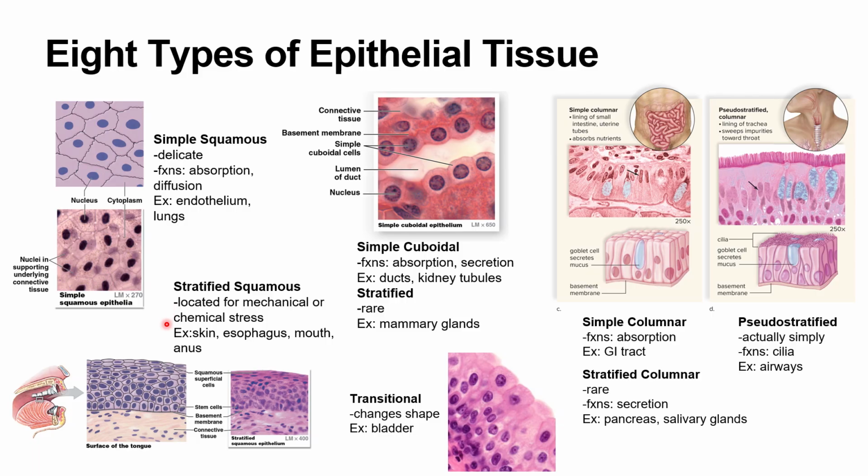So mechanical stress, like we would see on the skin as well as in the mouth, because we have lots and lots of stuff coming into contact with our skin throughout the day. So we need plenty of mechanical resistance to all of those stressors, as well as resistance in the mouth. We have a lot of force happening in the mouth when we go about chewing, a term that we call mastication.